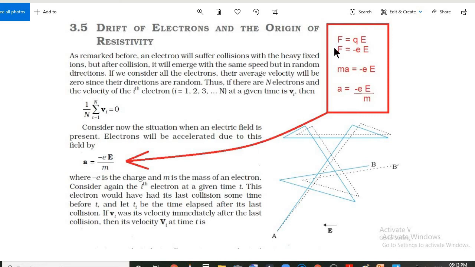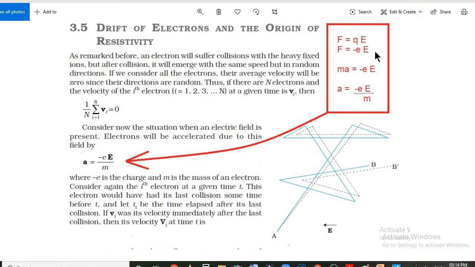Now, in 9th standard and last year you studied that if there is a force, there is an acceleration. From Newton's second law of motion, we get F is equal to ma. So while you are applying an electric field to the wire, electrons will be affected by a force, and because of that the electrons will be accelerated, and that equation is ma, representing the force.